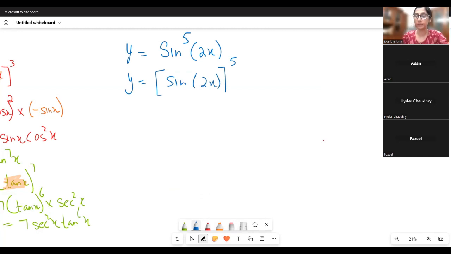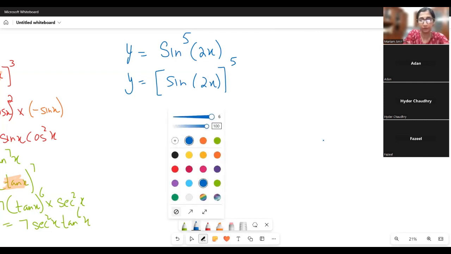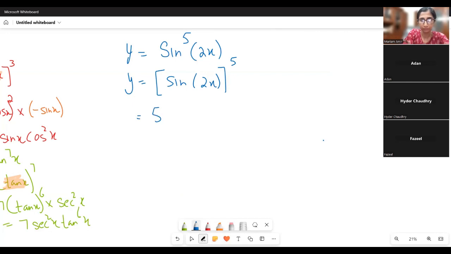I'm going to first apply the power rule. The power rule is 5 comes down, power becomes 4, and the function inside stays untouched, it's still the same. But outside, we have to multiply the derivative of sine 2x. Remember what's the derivative of sine 2x?